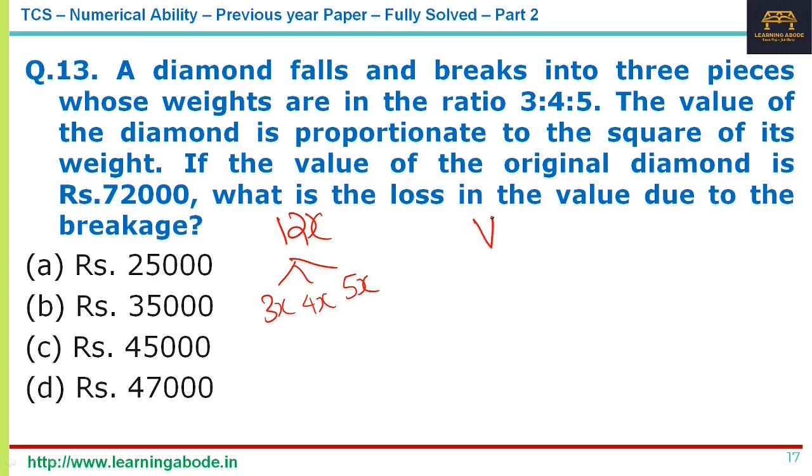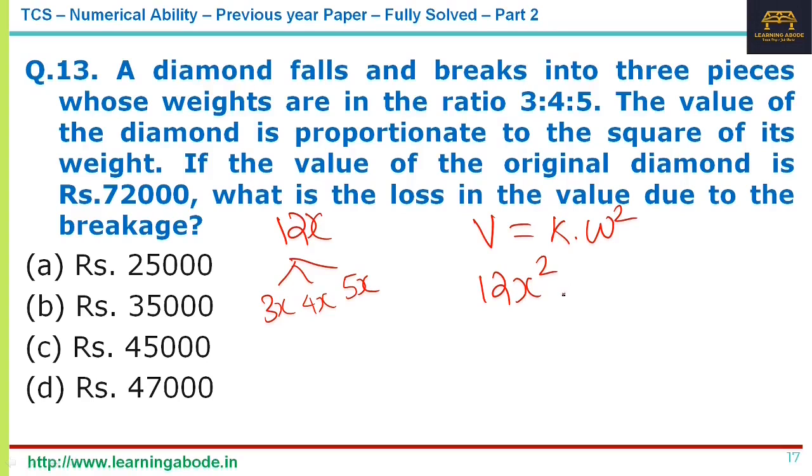Okay, now value is proportional to the square of its weight, right? So we can take a constant k, okay, and w square. Now here initially it is 12x square. Now the constant k is applicable in all the places, or you can even take k as 1.